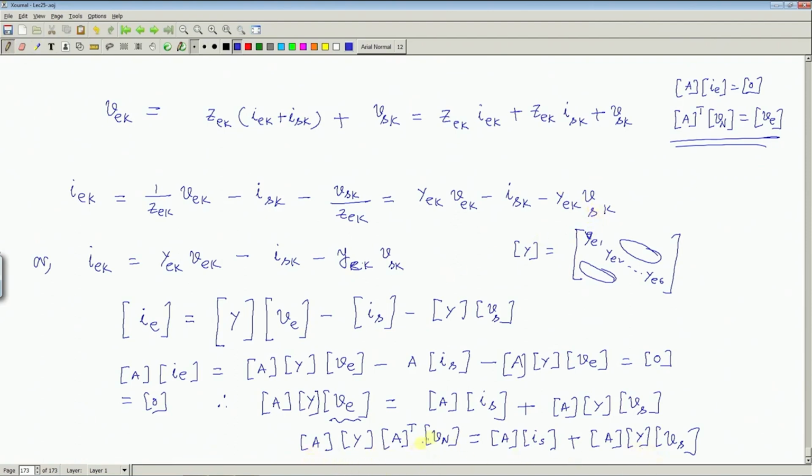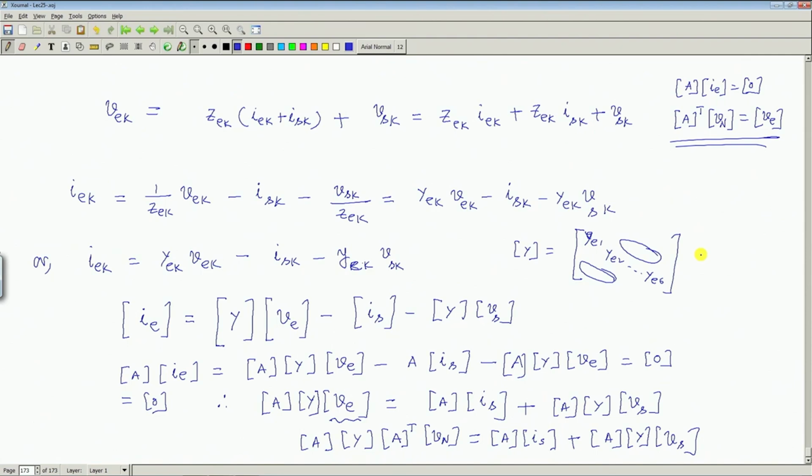So, A Y A transpose into V n is equal to the right side, only source current and source voltage. Okay. What is Y? Y is this diagonal matrix, very easy to form. Give the network, I will in no time make this matrix available to me. I can also form the A matrix by drawing the directed graph, only plus 1 minus 1.